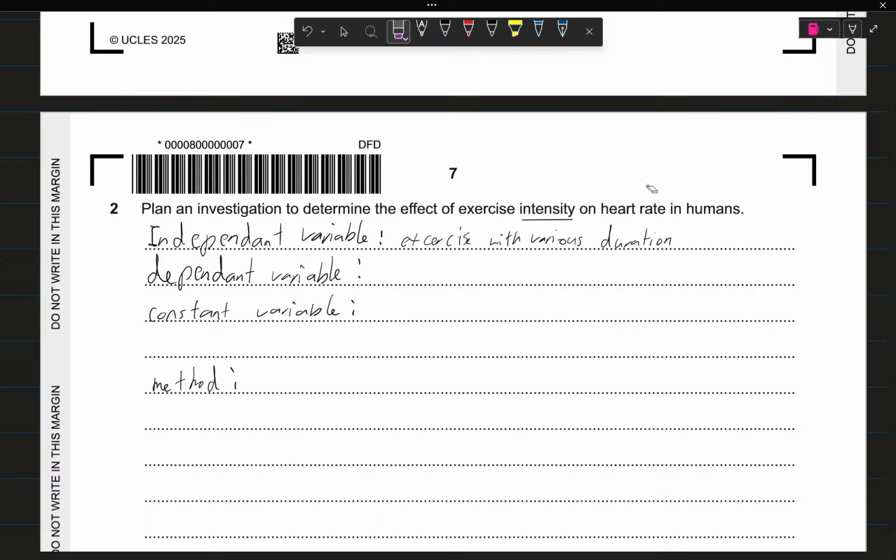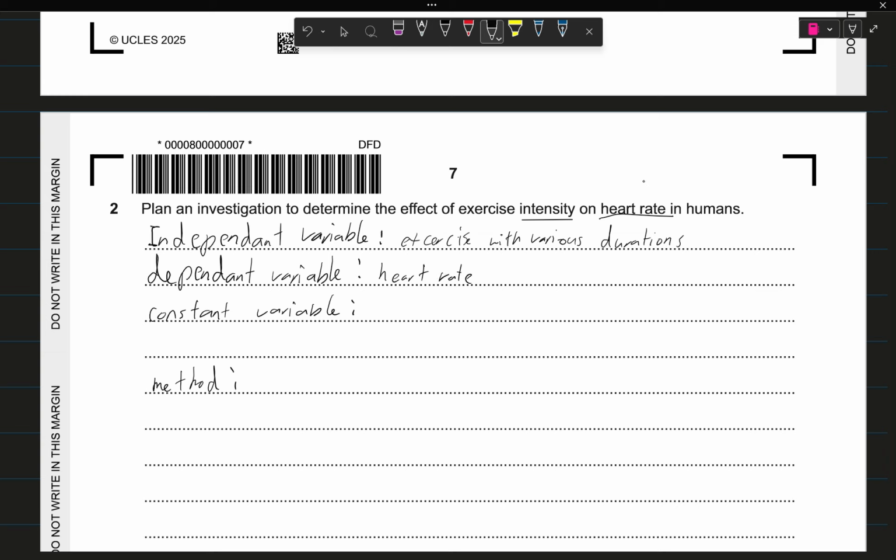Okay. Now with that out of the way, we can move on to the next part, which is the dependent variable. Essentially, the dependent variable is what we measure. So we want to measure the heart rate. This is exactly what the question says after all. So the dependent variable will simply be the heart rate.